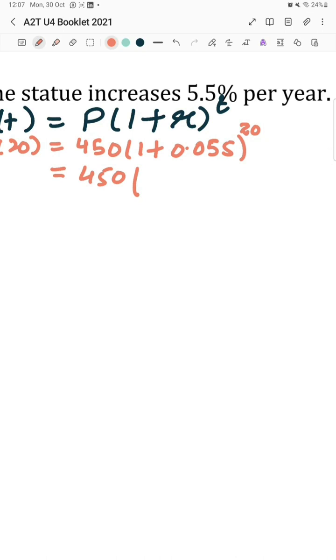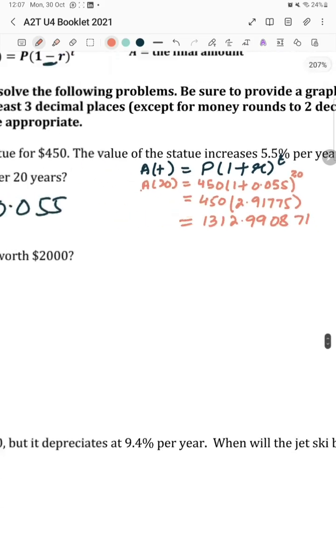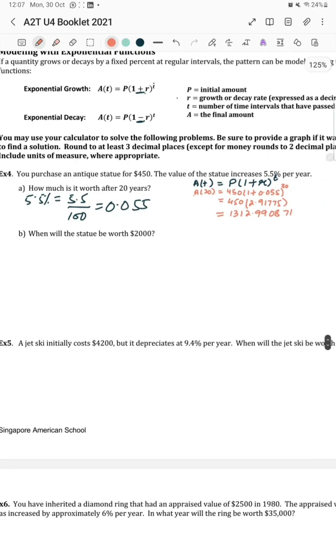Do 1 plus 0.055 to the power 20. You will get 2.91775 something. Multiply it with 450 and you will get 1312.990871.